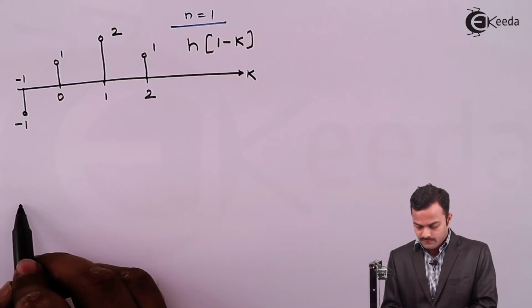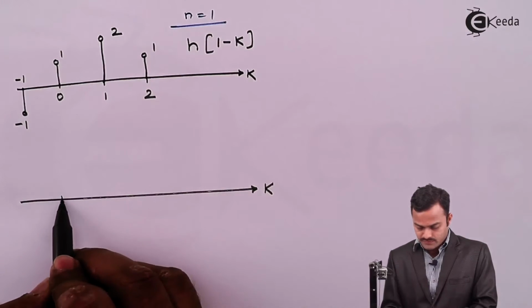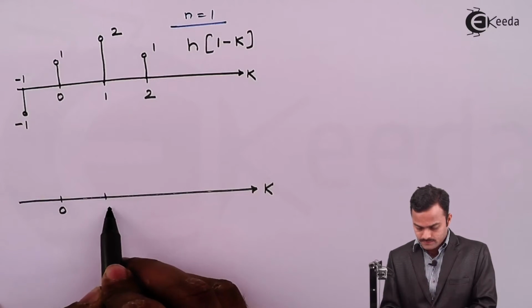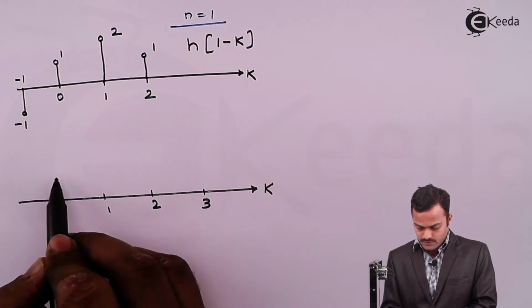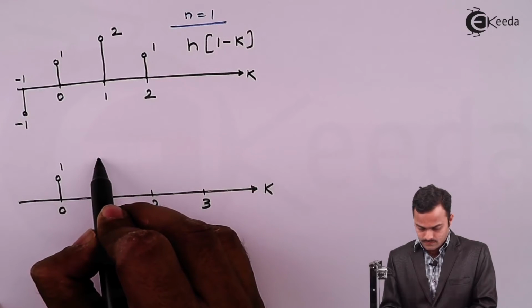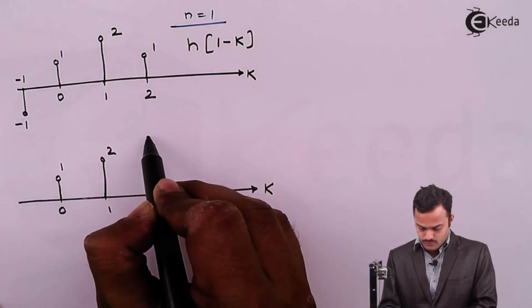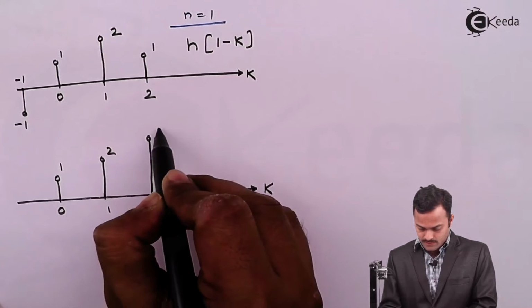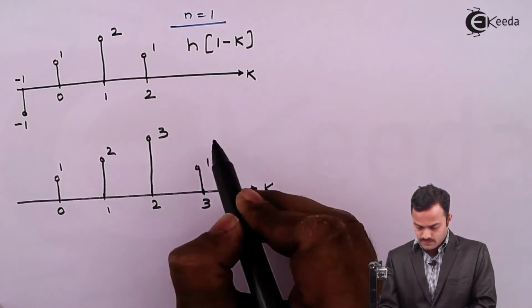This we need to multiply with x of k, which will have a span from 0 to 3 only, with the values 1, 2, 3 and 1.